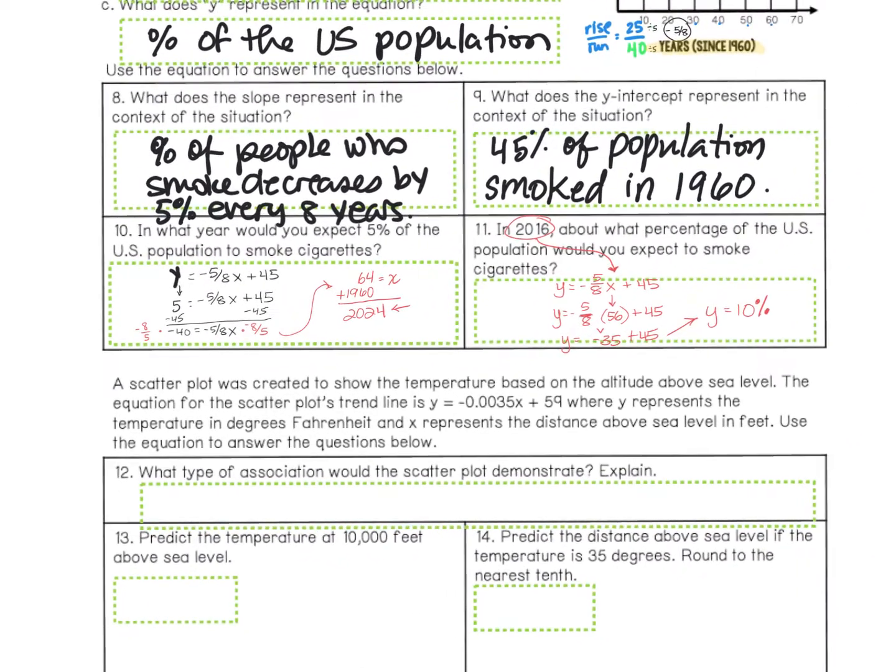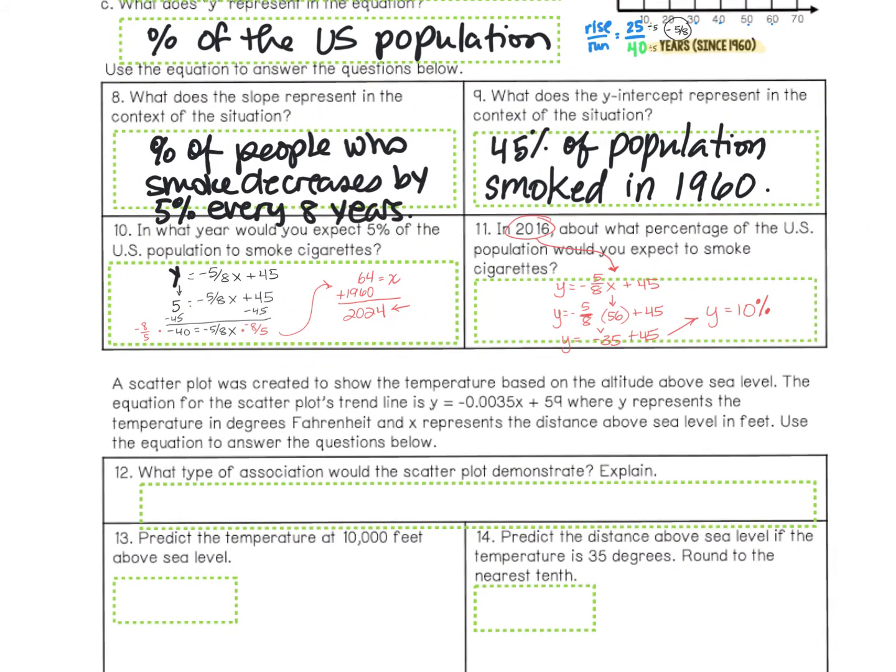All right, let's look at the bottom. Totally different equation now. We're done with smoking. Now we're looking at a scatter plot. Here's my equation. In this scatter plot that we don't see, it's showing the temperature based on the altitude above sea level.